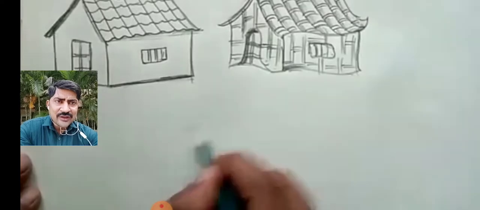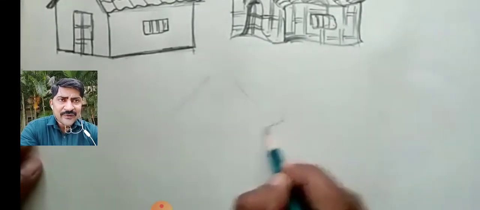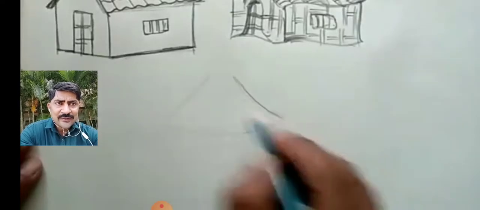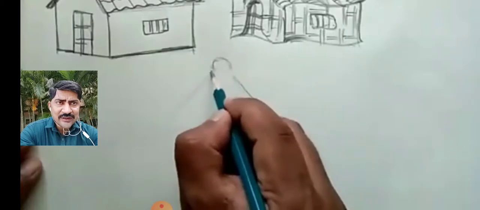So first, in all the houses or huts, we do the triangular shape, but for the lower line we give a curve. Just see.